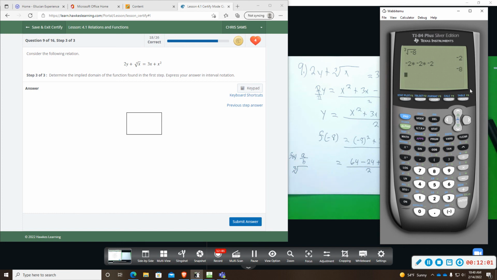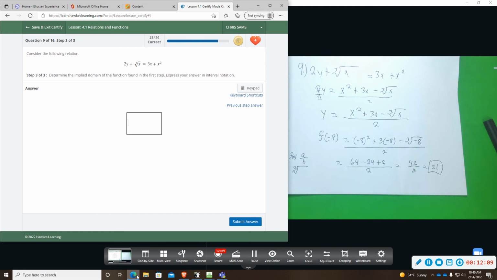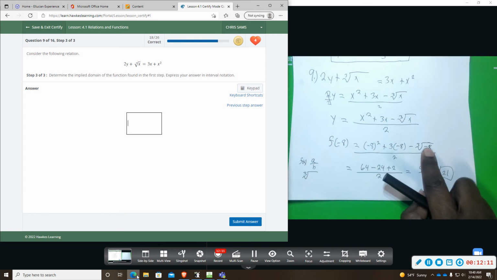You can have 3 negatives and get a negative. So if you're not familiar with that rule, then you can have a negative under an odd radical. So there's not a restriction here.